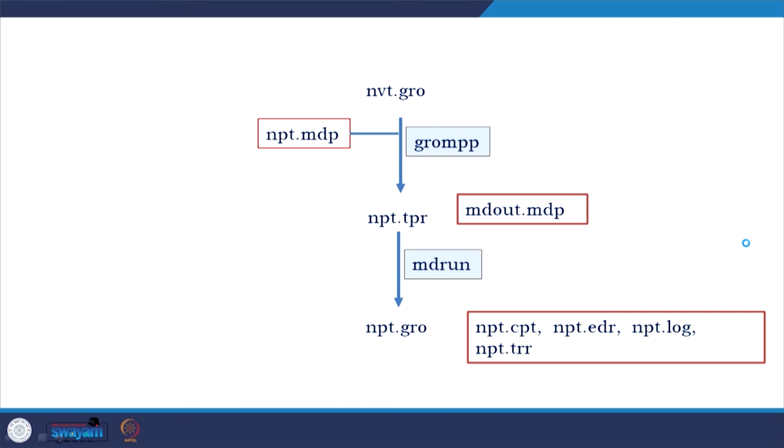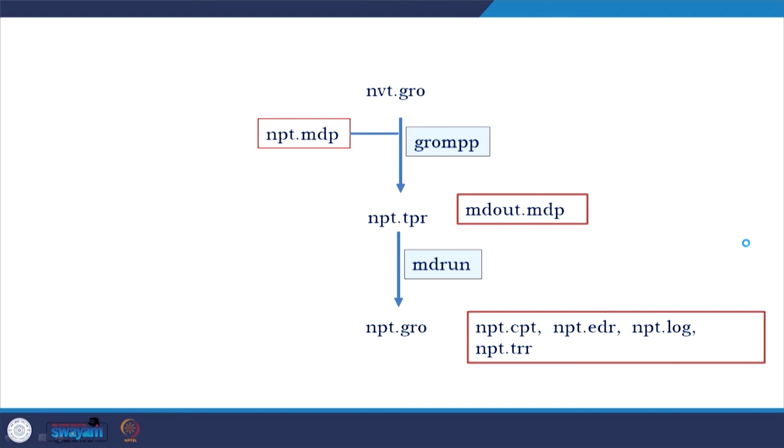So npt.mdp, nvt.gro and topol.top, three files again merged with GROMPP to give npt.tpr, and then you again do the md run, you get npt.gro, with npt.cpt, npt.edr, npt.log and npt.trr.